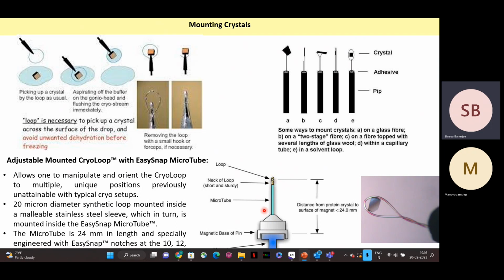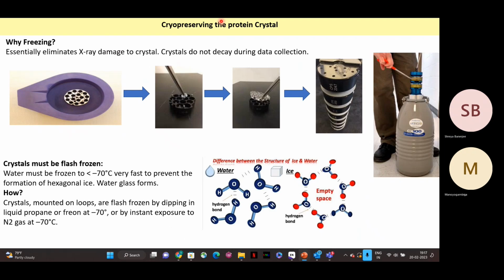This microtube is 24 millimeter in length, and you can adjust it to different millimeters, like you can extend it or shorten it to best help you to pick up the crystal. So in this way, using this instrument, you can optimize the process of mounting the crystals on the loop.